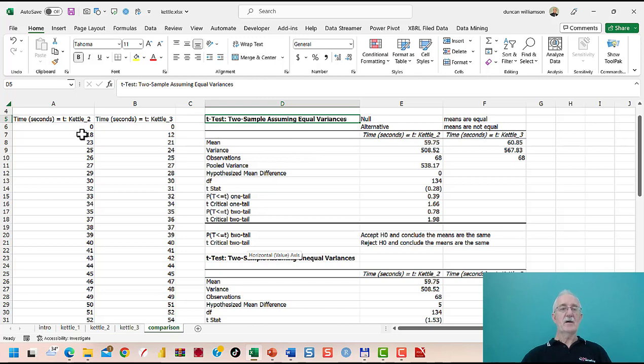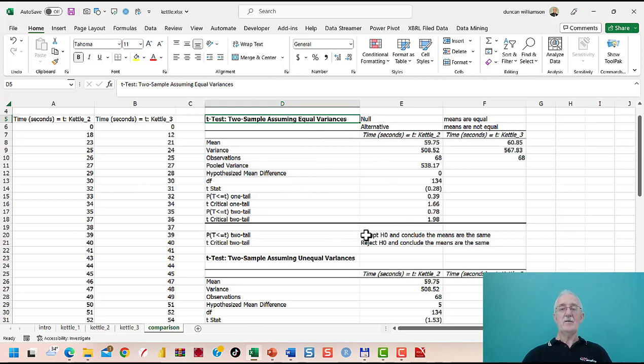You do that, series 1, series 2, it gives you all of these values. And my null hypothesis was that the means between the two are equal. The alternative hypothesis is that the means between the two are not equal. So in this case, I set it up for the hypothesized mean difference of nothing.